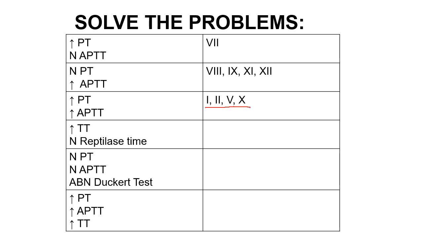Next naman, normal thrombin time. Prolonged thrombin time, normal reptilase time. So, ano yung mga na-discuss natin kanina na pwede mag-prolong ng thrombin time but not reptilase time? Your heparin therapy. Next naman tayo, normal PT.